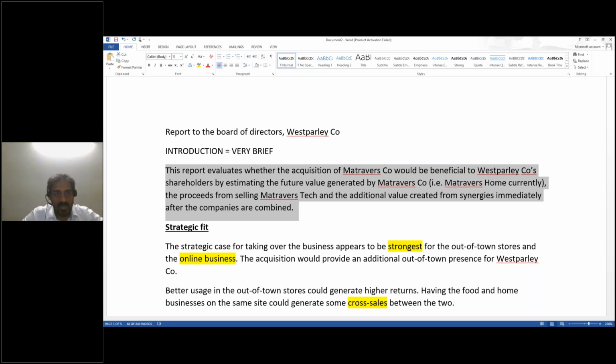This report evaluates whether the acquisition of the quarry would be beneficial to the acquirer by estimating the future generated cash flows, proceeds from the selling of the one division, and additional value created by synergy after the companies are combined.